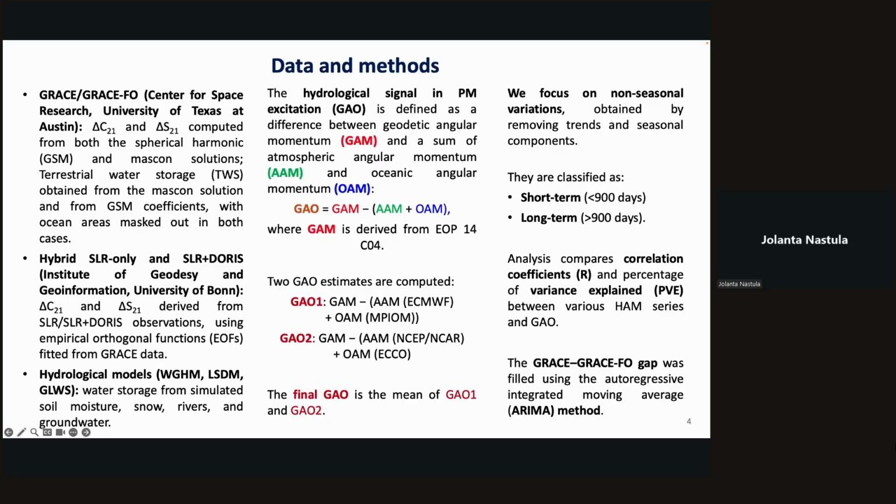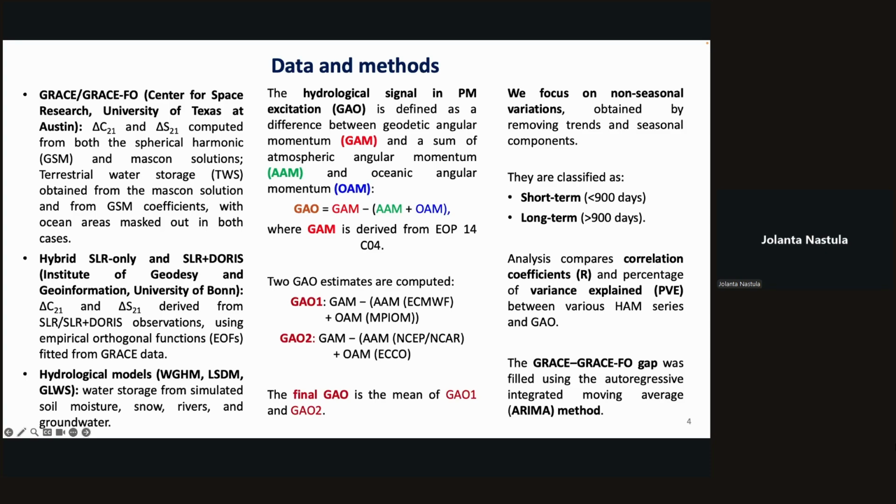Also, we have hybrid solutions, about more than 50 individual solutions and two mean ensembles, and also hydrological models.